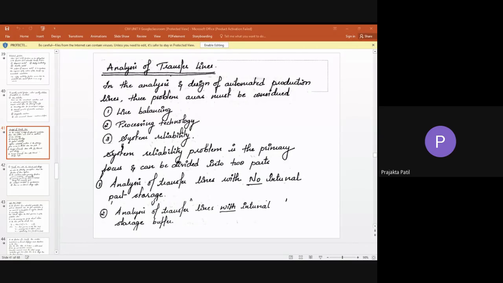And the second case we are studying is analysis of transfer line with internal part storage or storage buffer. So just write down this, and then you can just start writing the thing under the first topic, that is transfer lines with no internal part storage.